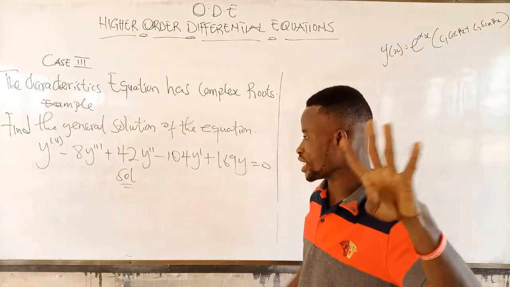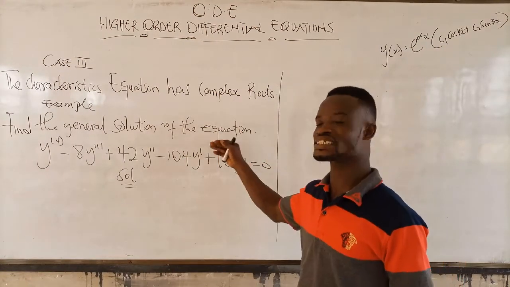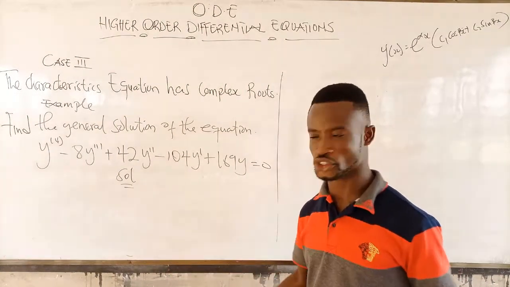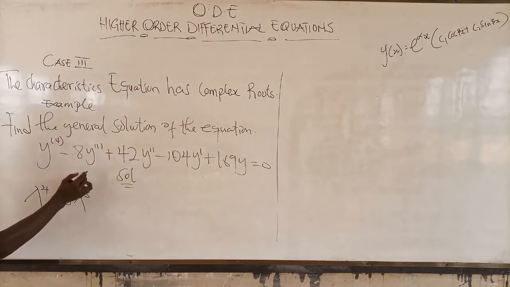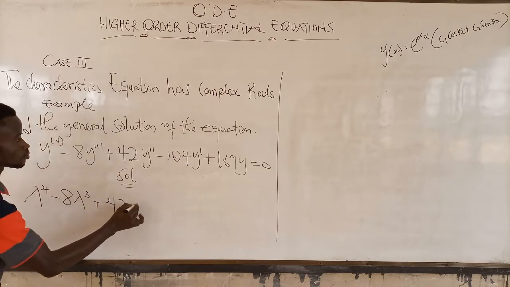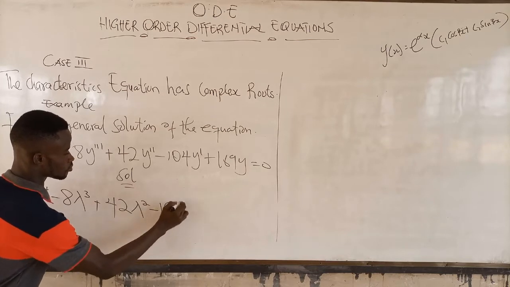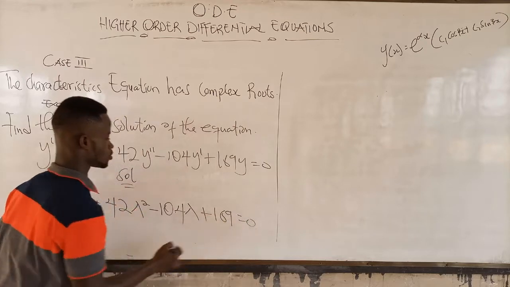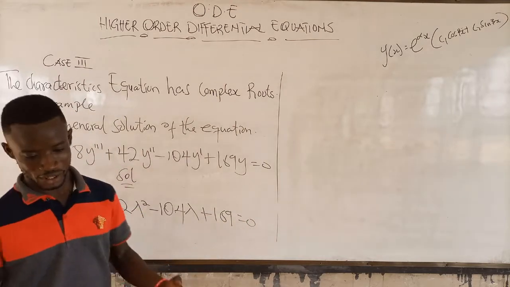Very good. So first of all, the first thing to do is to go and write it as a characteristic equation. So this is the characteristic equation. Alright, very good.